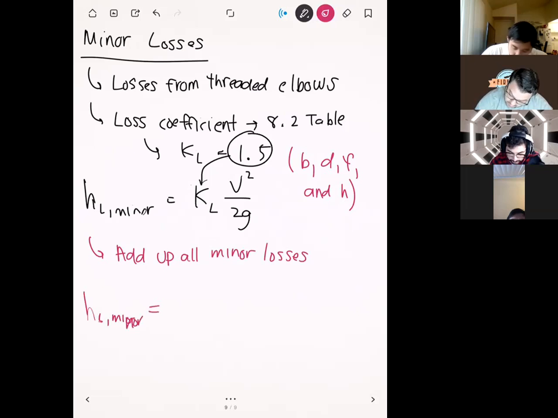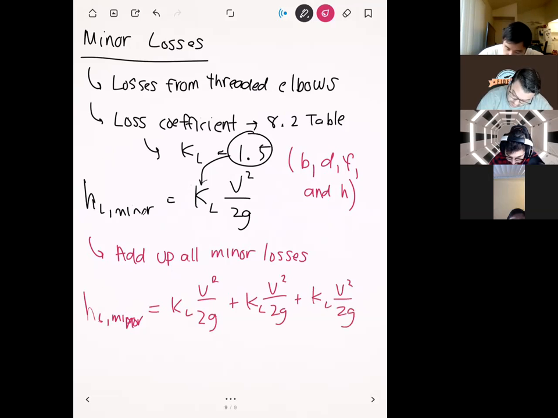This is K_L V squared over 2g for segment B, this is for segment D, this is for segment F, and this is finally for segment H.